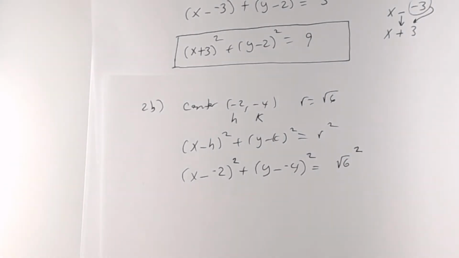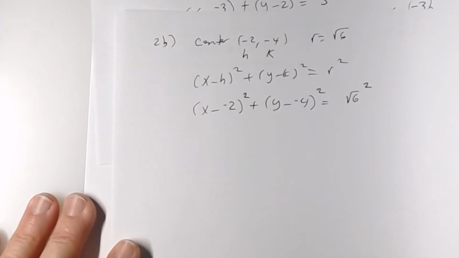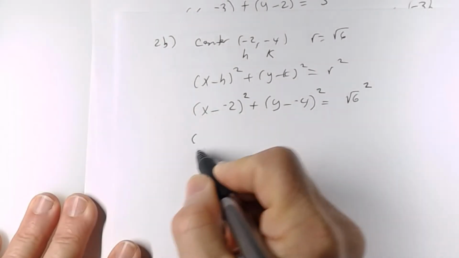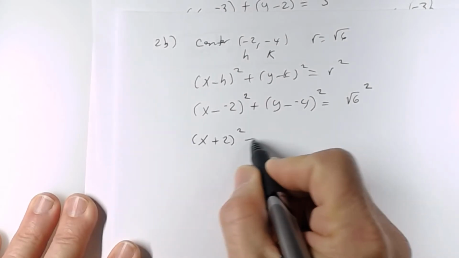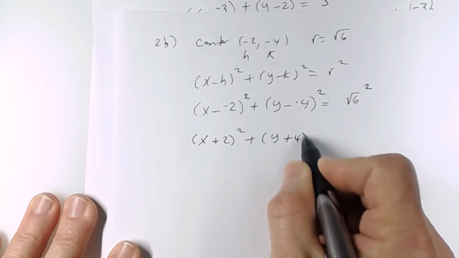Okay. All right. Now the expressions on the left side, I think all of you, even with that question, should now have it. This on the left side should now be written as what? (x plus 2) squared plus (y plus 4) squared equal.